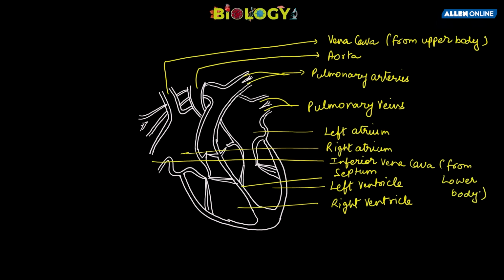So like this we will complete the labeling, and this is how we are going to draw the human heart. Now at the bottom we are going to mention the name of the figure. It is the human heart, and you can underline it like this. Okay, so with that we complete the human heart.